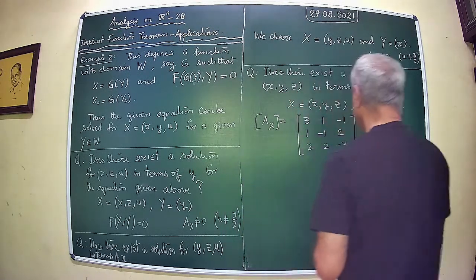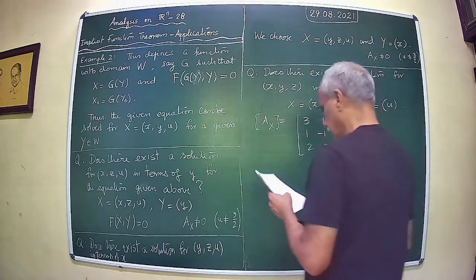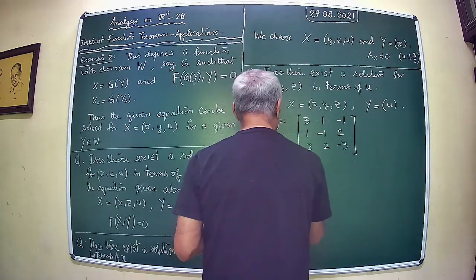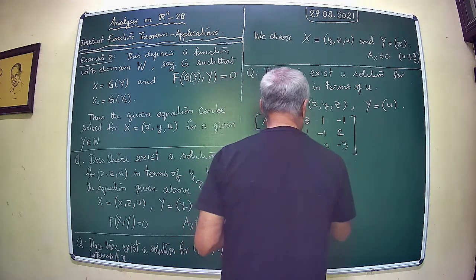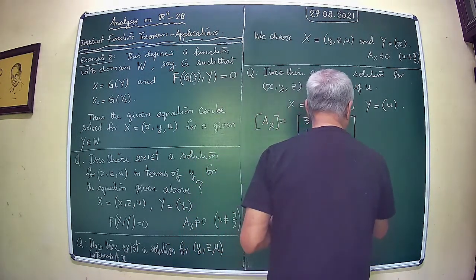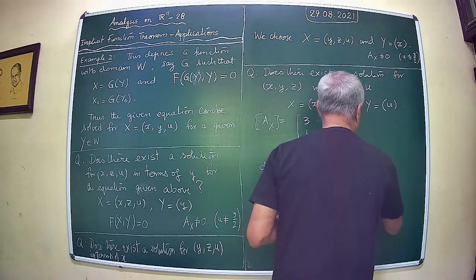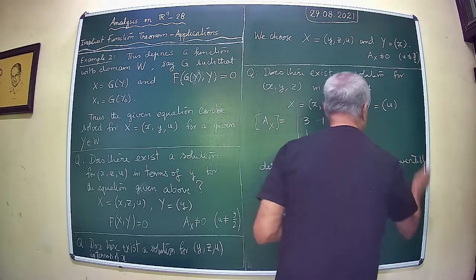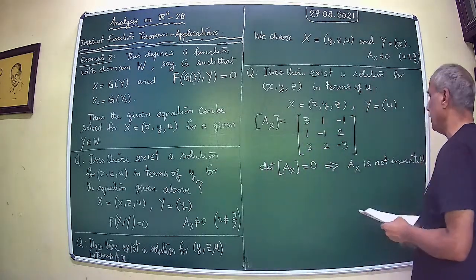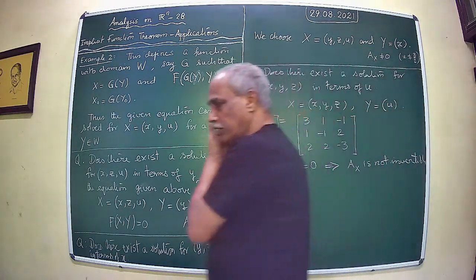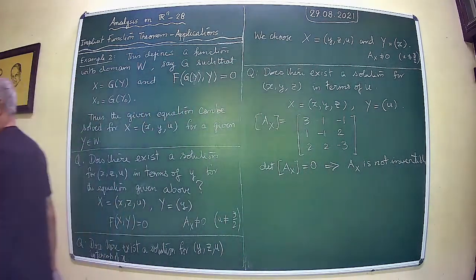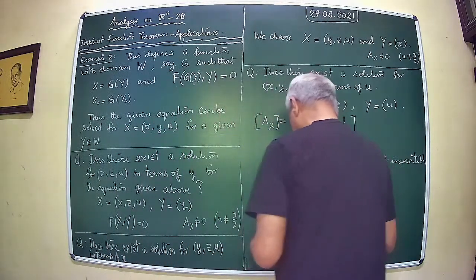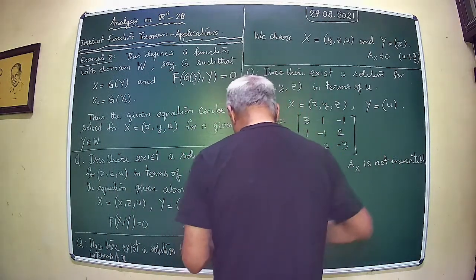And you can see that determinant of, so this in turn tells you that the nonlinear equation cannot be solved for x, y, z in terms of u. That is, Ax is not invertible.